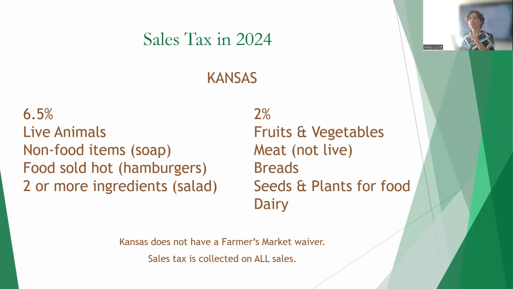The $25,000 exemption covers all taxing districts in the state of Missouri. So if you're under 25,000, you don't pay any sales tax to anybody, as long as you meet the requirements of that exemption.